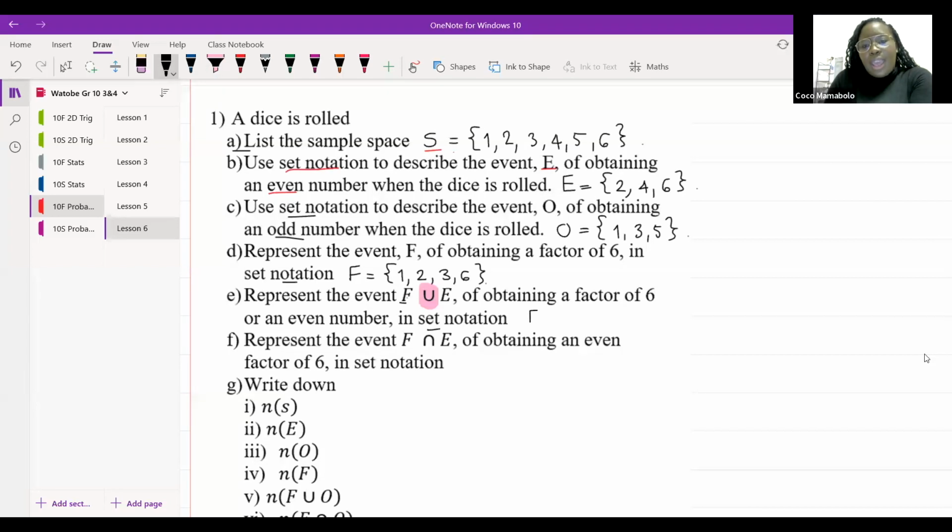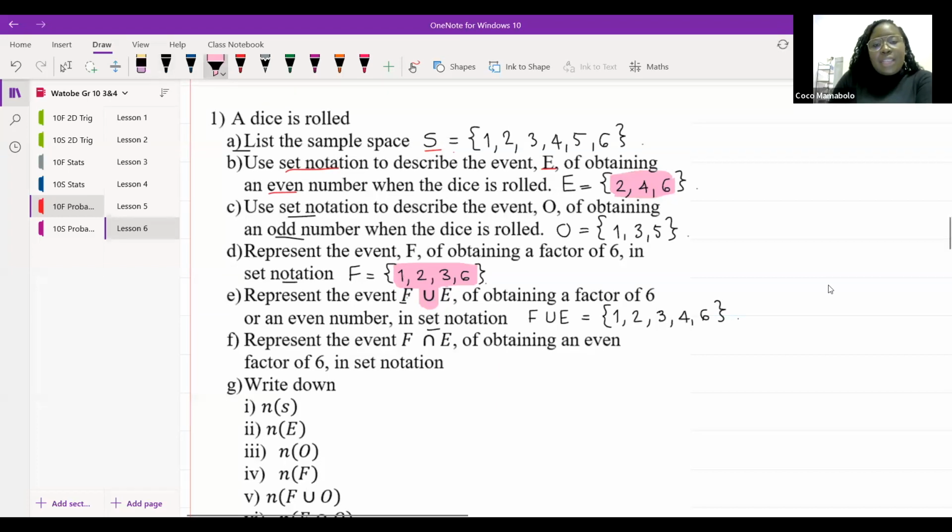So we're going to go F union E. Now remember, F union E means everything inside F and E, in both of them. So we're going to look at our set F and set E. We need to express everything at least once. So give us all the numbers: 1, 2, 3, 4, 6. Excellent. That's the union. Everything in both of them.